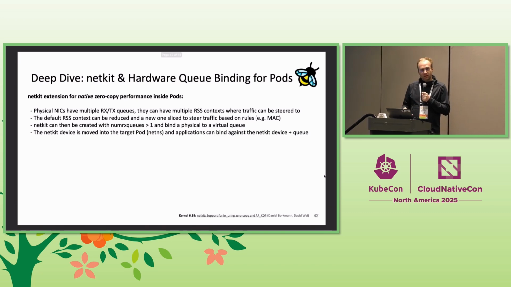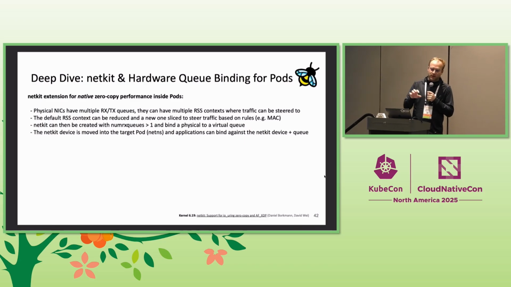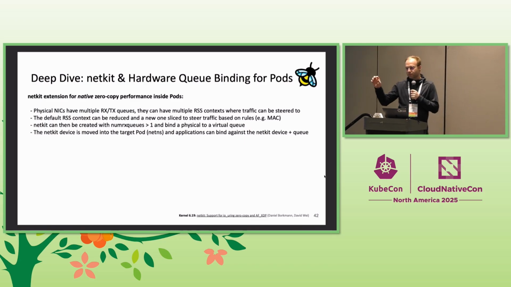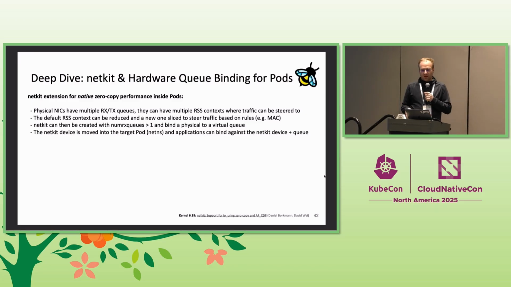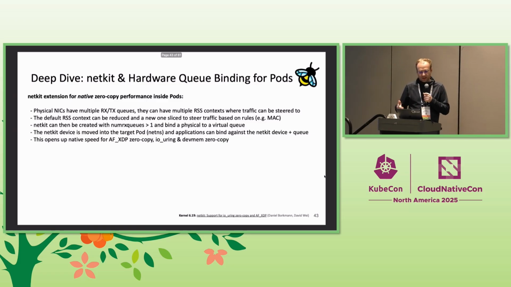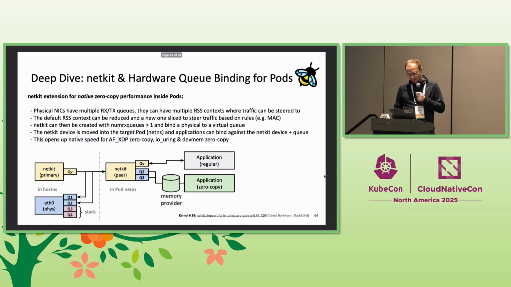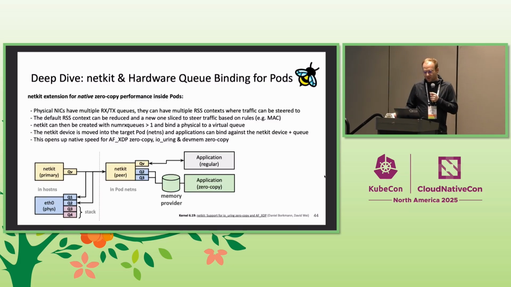The idea with this whole process is you can move that netkit device into the virt-launcher pod, and then an application can bind against it and make use of functionality like AF_XDP zero copy, but also io_uring zero copy or devmem zero copy. So this is roughly how the picture looks.